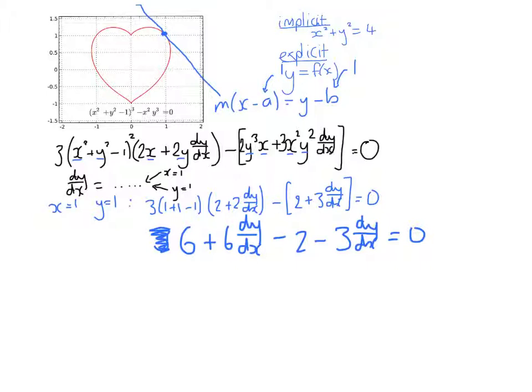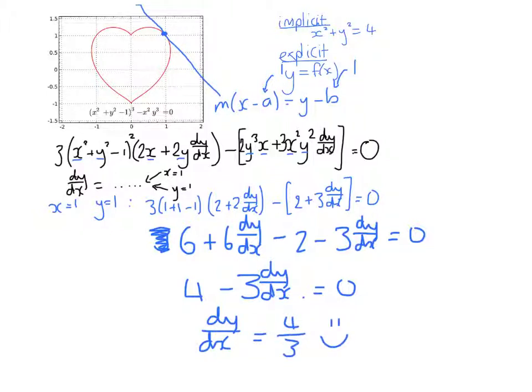Okay, how many dy by dx have I got? 3 dy by dx, and I've got 4 minus that equals 0. So dy by dx, the gradient at the point I'm interested in, is 4/3. So that goes in my gradient function. Where is it?